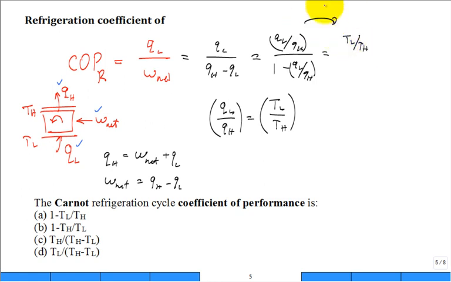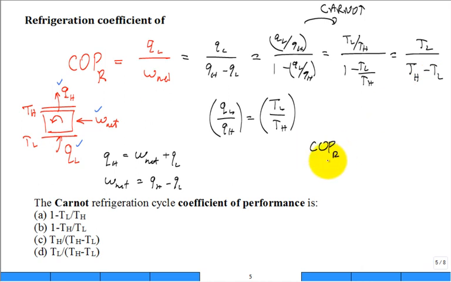Why? This is Carnot only. Divided by 1 minus TL over TH. So you can unravel a little bit. TL divided by TH minus TL. That's what the COP is. COP refrigeration. Not all of the refrigeration cycles, but only the Carnot refrigeration cycle is TL divided by TH minus TL.